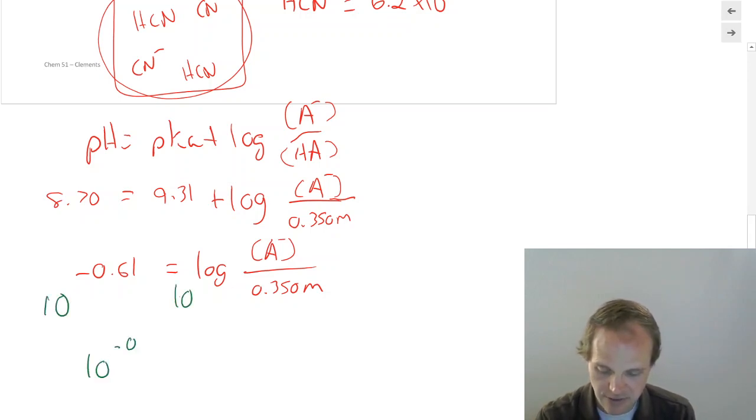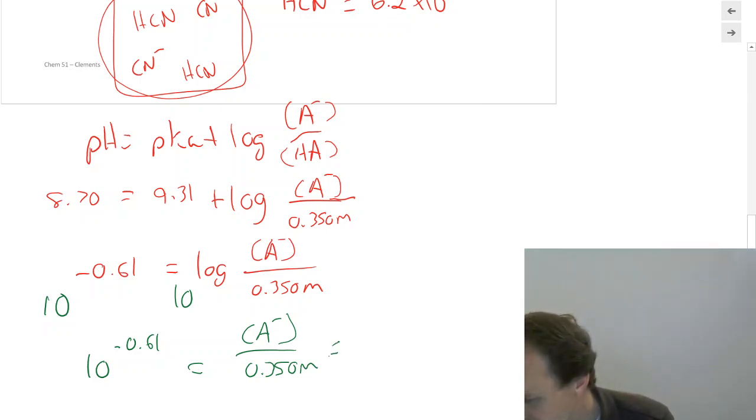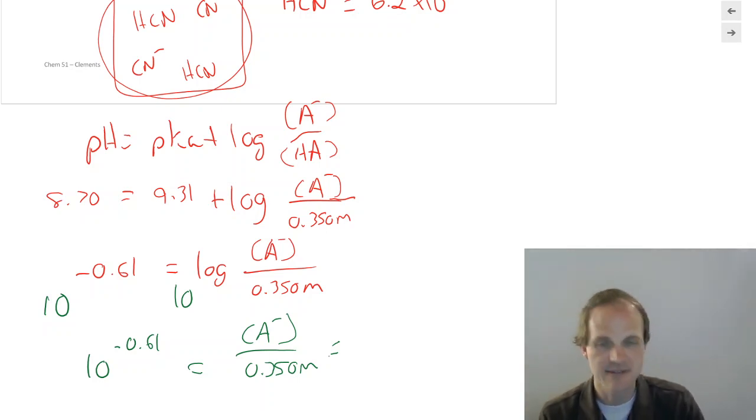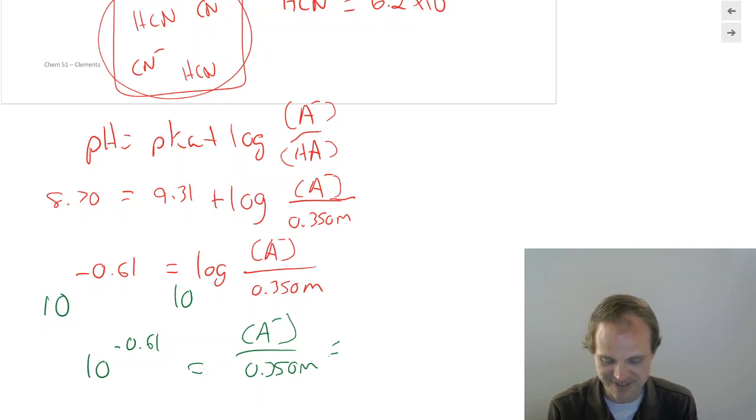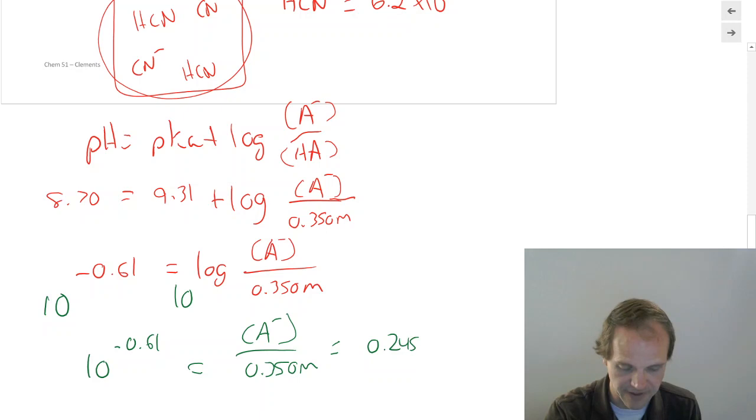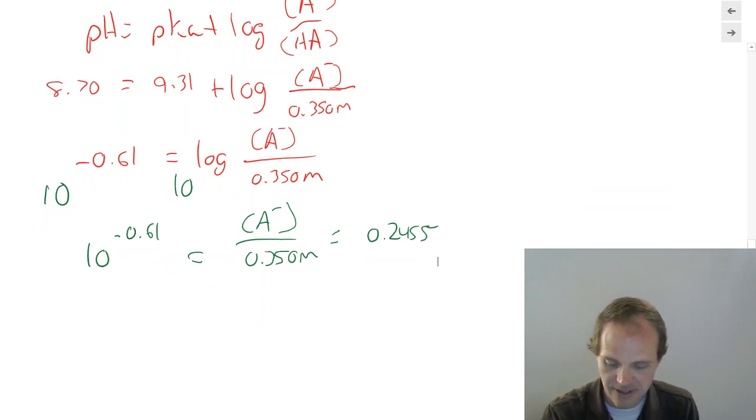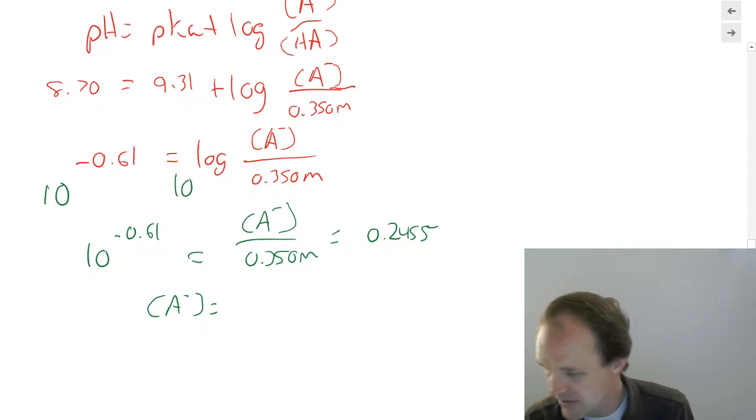So I've got 10 to the minus 0.61 is equal to the concentration of A minus over 0.350 molar. 10 to the minus 0.61, if you type that into your calculator, gives you a number that I didn't put down. Don't you love it when you make good notes? 10 to the minus 0.61, that's going to be 0.2455.